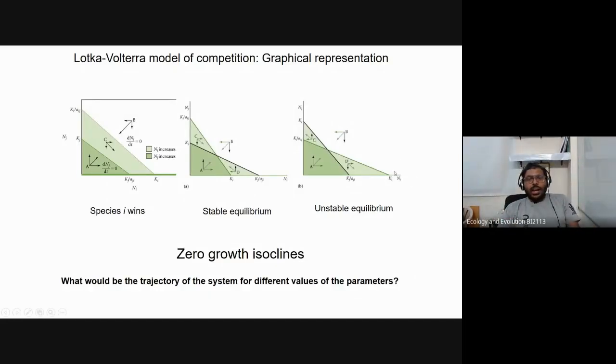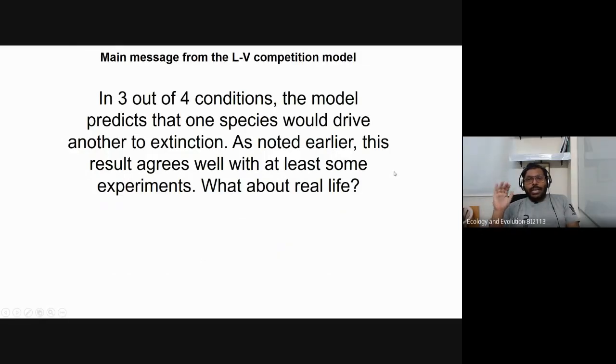Now, what is the major message that we are getting from this model? The main message is that out of the 4 conditions that we studied, 3 of them are predicting that one species will drive the other to extinction. Now, if you remember, we started this whole discussion with Gause's competitive exclusion principle, and I said that there were other studies which led to similar results.